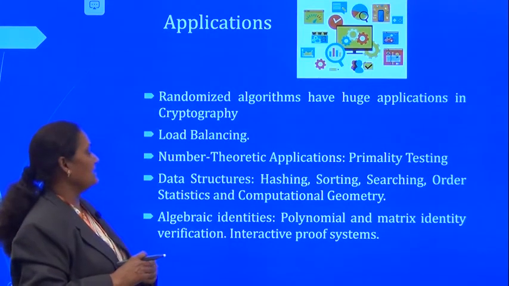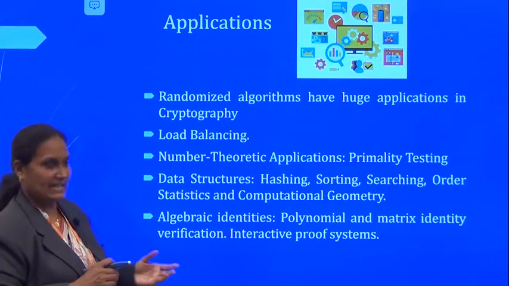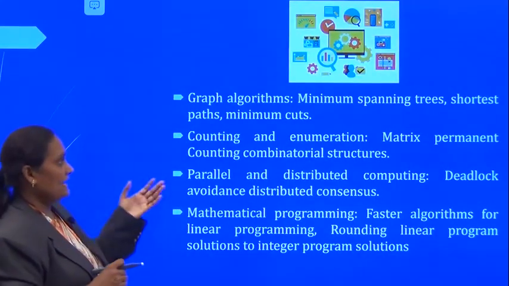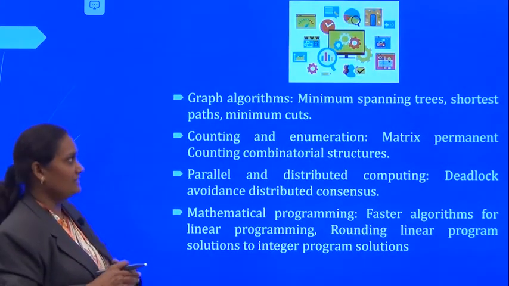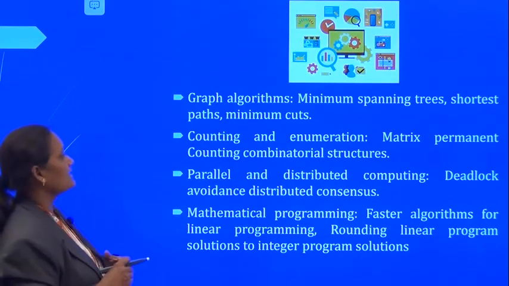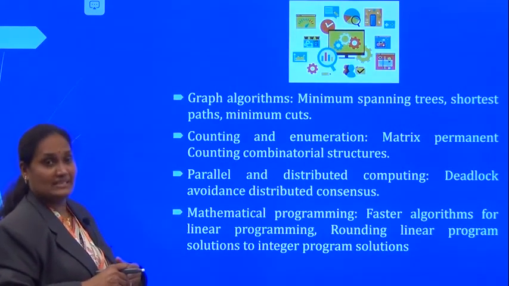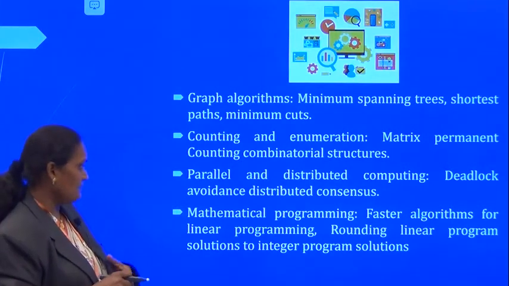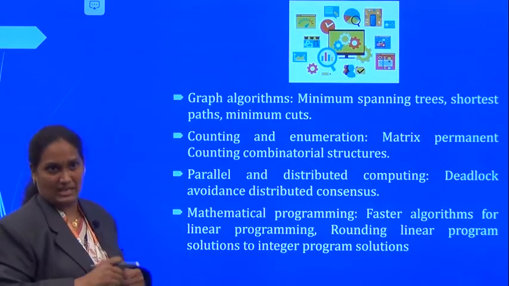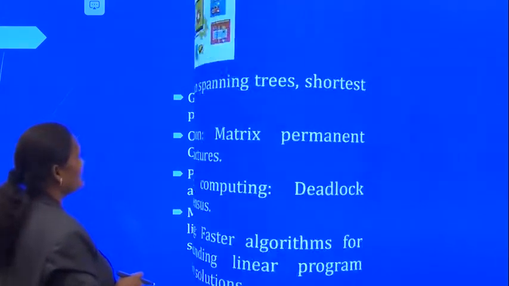We also have applications in number theoretic problems, and we use randomized algorithms in data structures, in algebraic identities, and in graph algorithms such as minimum cost spanning trees, all pair shortest path, traveling salesperson, etc. We also use them in counting and enumeration, in distributed computing to avoid deadlocks, and in mathematical programming. So all these are various applications where we use randomized algorithms.